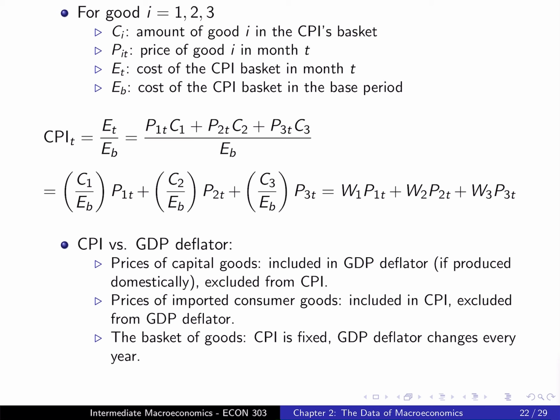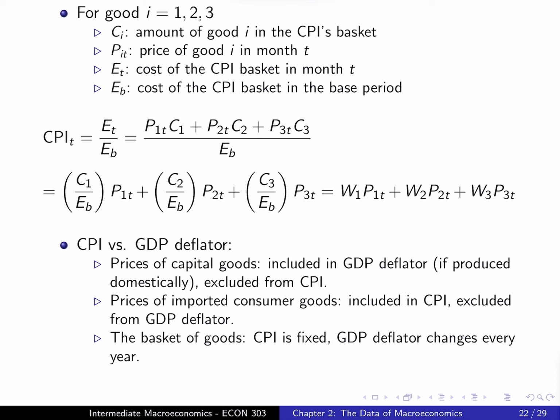That also equals C1 over Eb times P1t plus C2 over Eb times P2t plus C3 over Eb times P3t. That equals W1 times P1t plus W2 times P2t plus W3 times P3t. This shows the CPI as a weighted average of prices, where the weights Wi are based on the fixed basket.